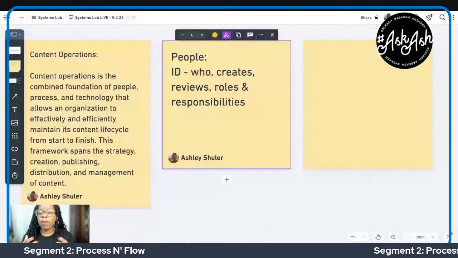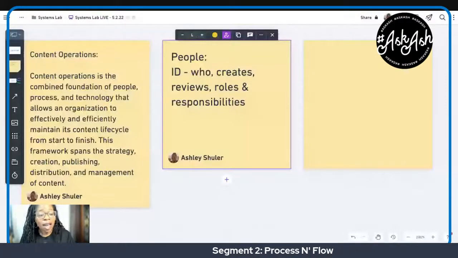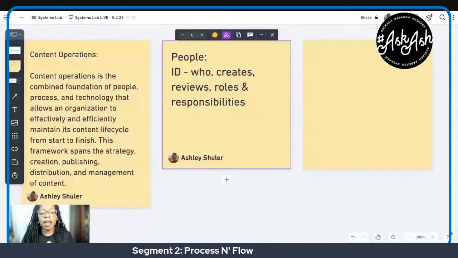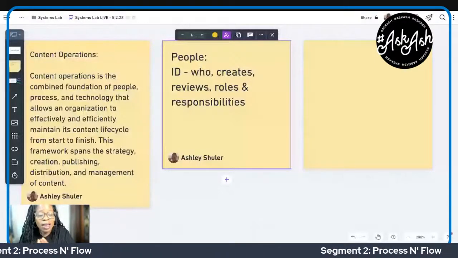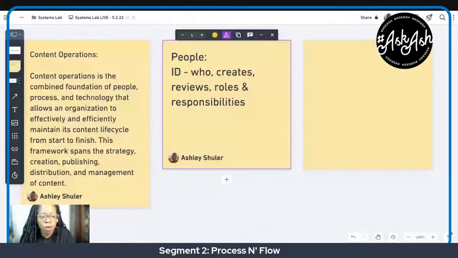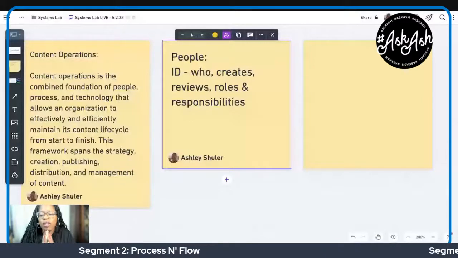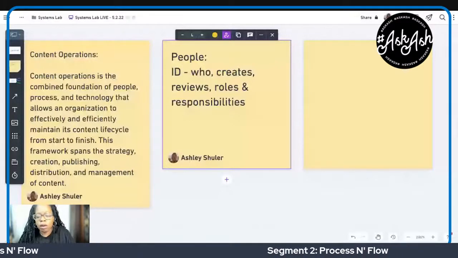You may not have all that, and that is fine. You might be on the lean side of the operation. So start to identify the who, and then the roles and responsibilities are what's going to be crucial. Outlining roles and responsibilities, I think that's so important.